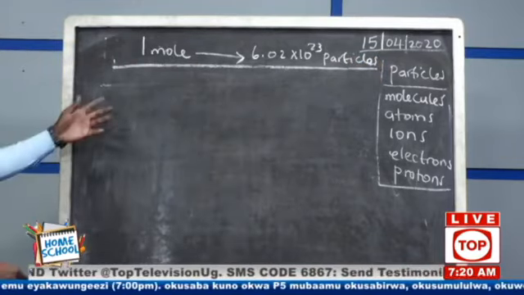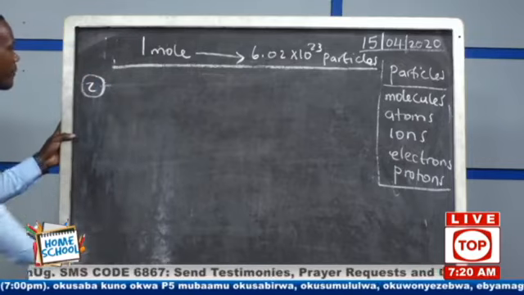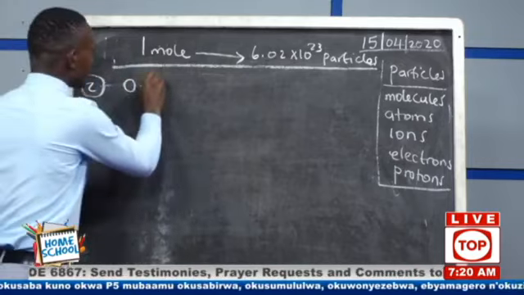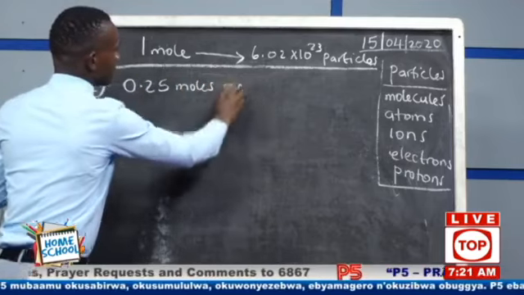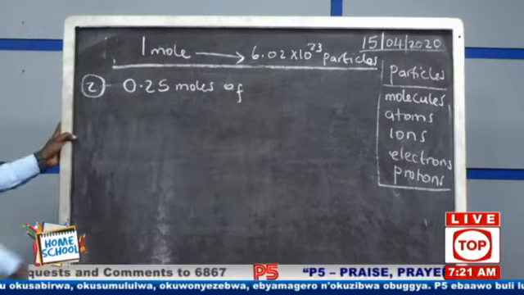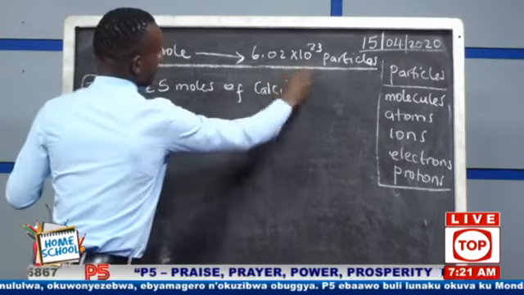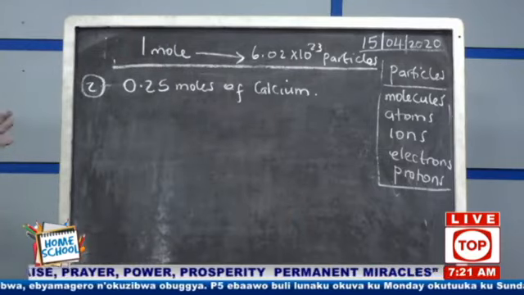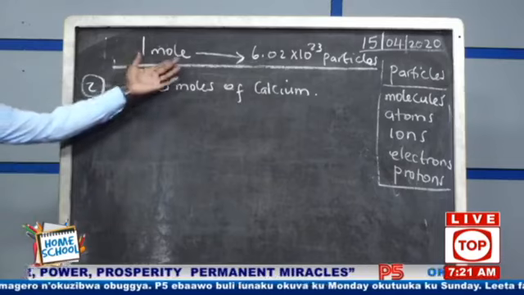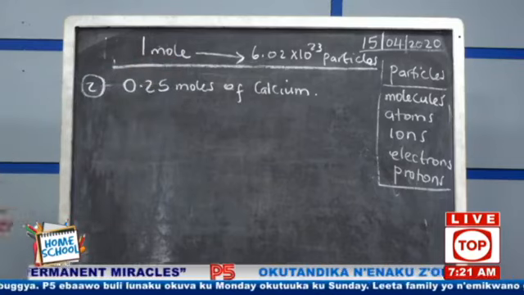So when we pick it from there and we go to example 2, which is having 0.25 moles of calcium. Remember, the first thing to think about is what is in 1 mole, because 1 mole will give us a way forward.